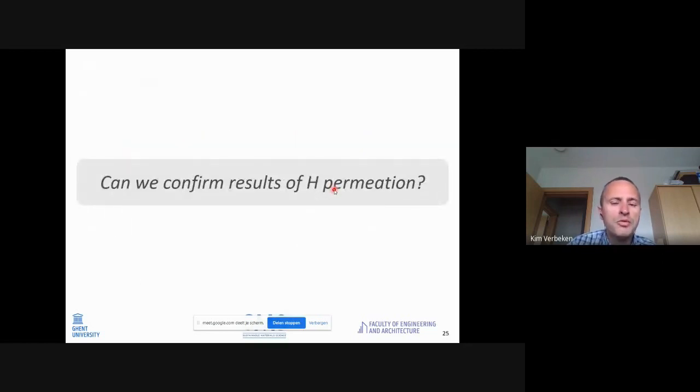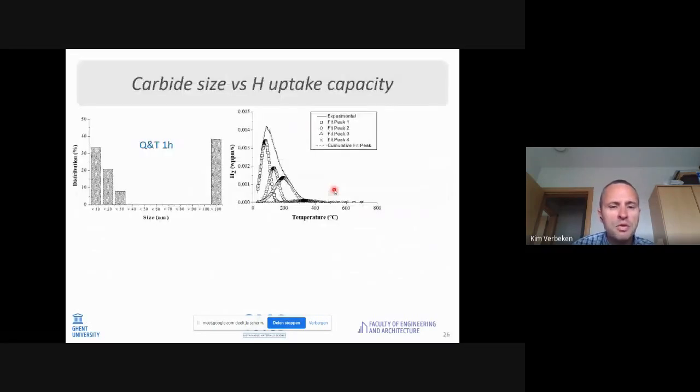So can we confirm the hydrogen permeation data when we are also taking a look at the data for 2 hours? Well, therefore, we went to the transmission electron microscope, and here we made a size distribution of the titanium carbides. So in this structure, you see that you have a lot of small carbides after 1 hour of tempering.